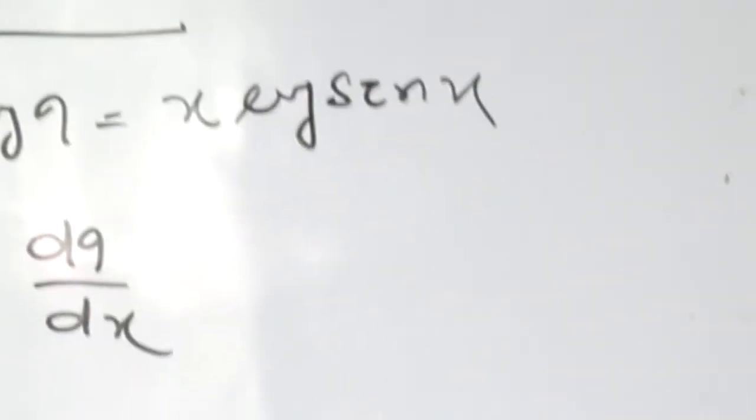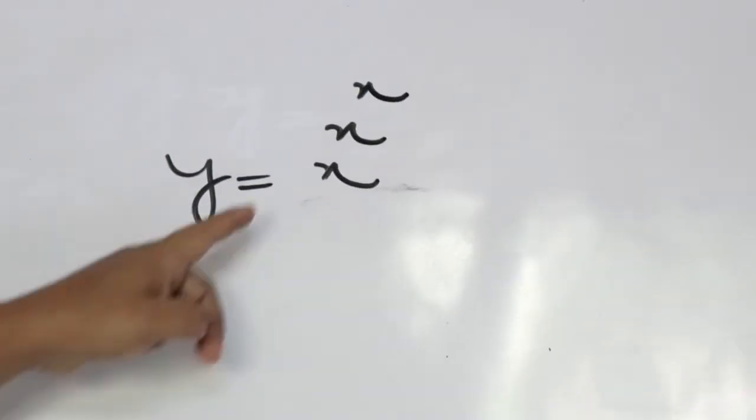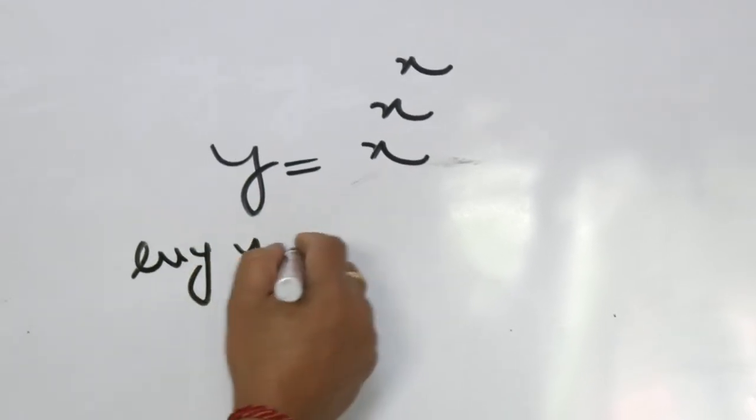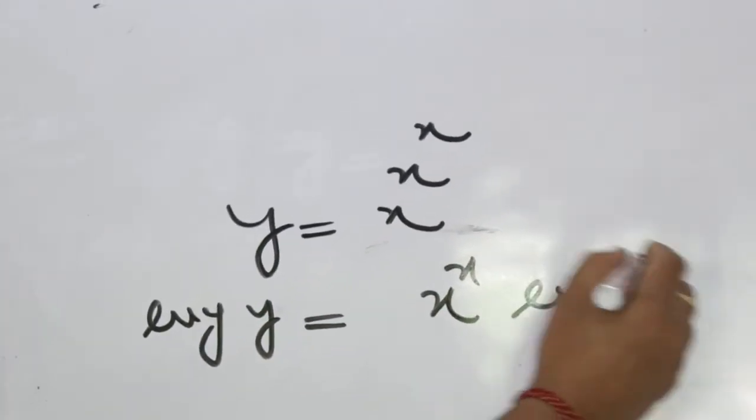Next, if a function is of the form y equals x to the power x to the power x, you take logarithm first: log y equals x to the power x log x.